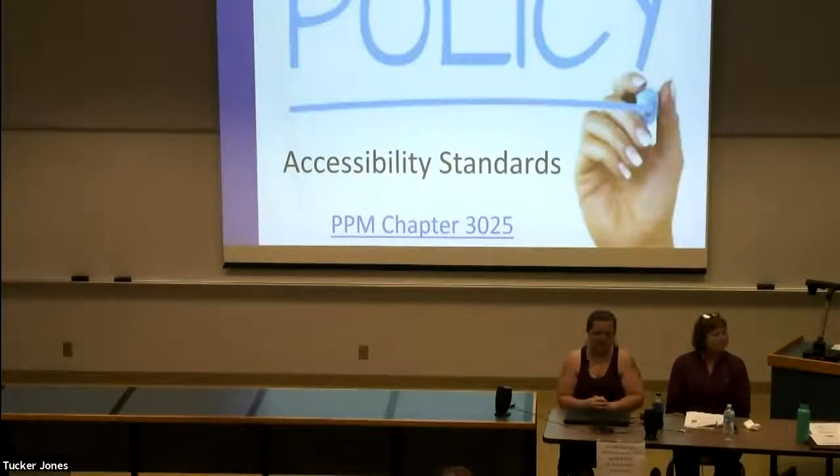So this policy applies to all faculty and staff, including grad students, who are responsible for developing new courses or adding materials to existing courses. By making courses accessible to students with hearing and sight disabilities, you're actually making that course more accessible to students with all ranges of accessibility.